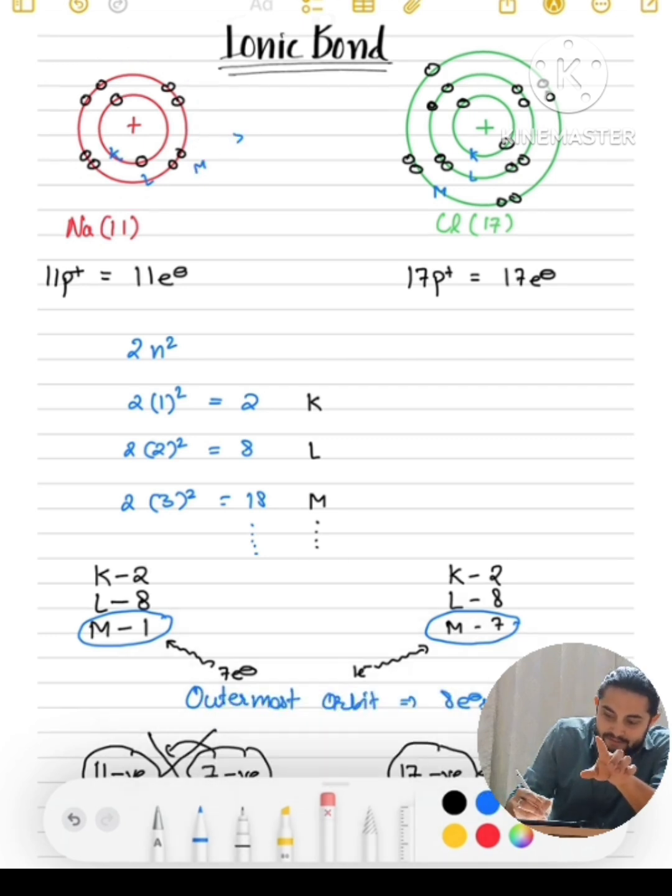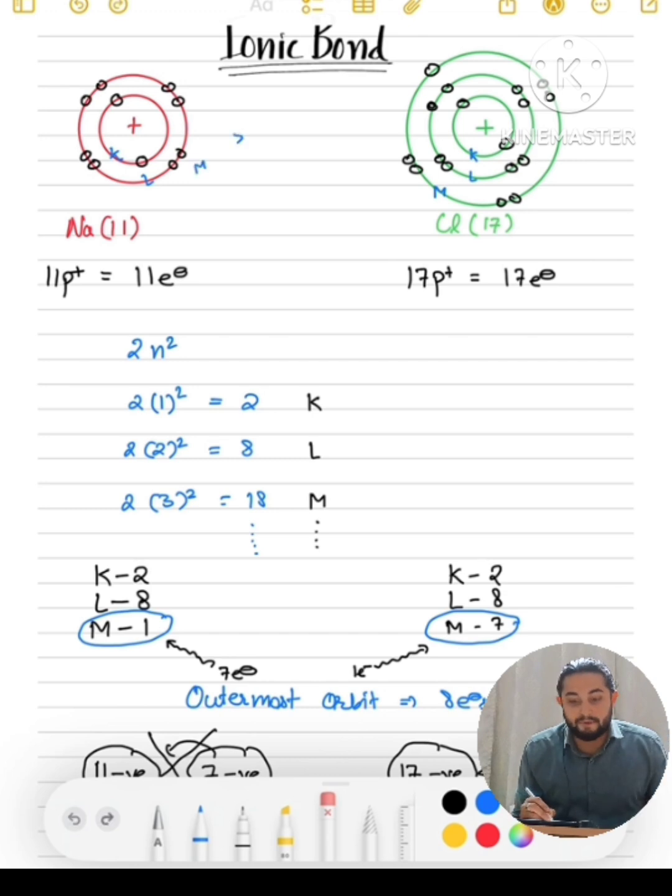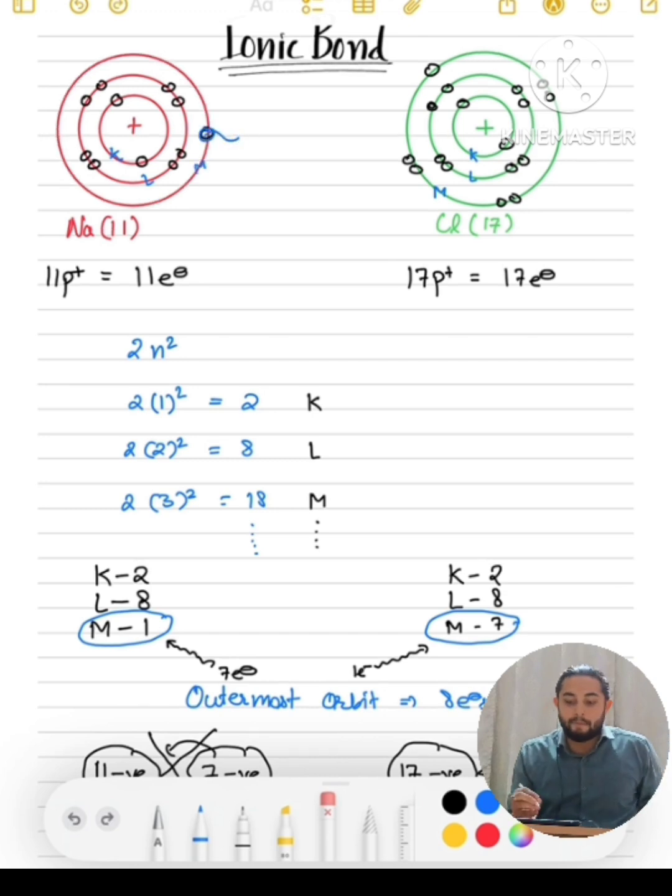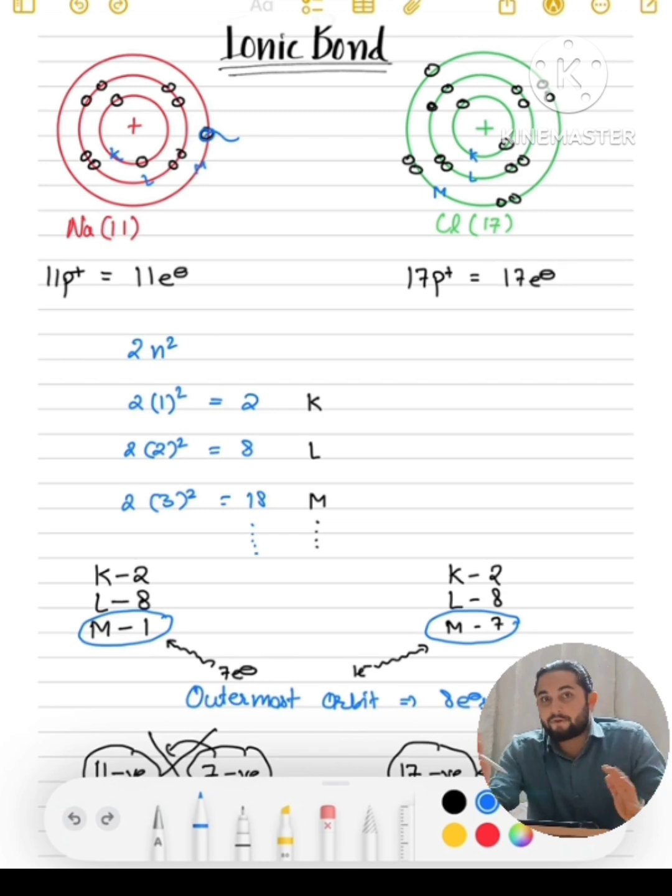And then it means the outermost shell will be L. L has already 8 electrons. The criteria was 8 electrons. And that's how sodium can become stable, which is actually a great idea. But as sodium is now ready to donate or lose one electron, it will be looking for someone who requires one electron. And what better than chlorine, which is present right next to sodium.